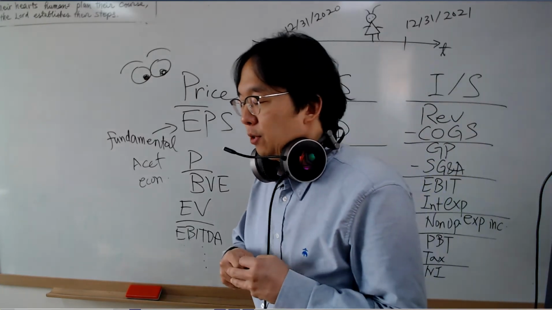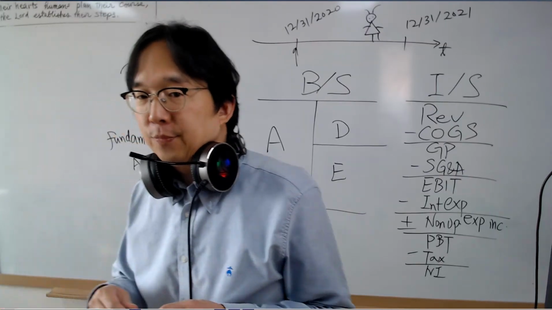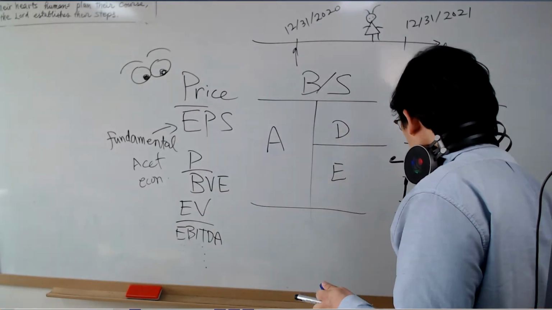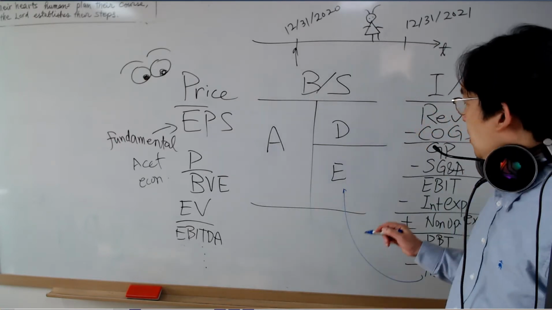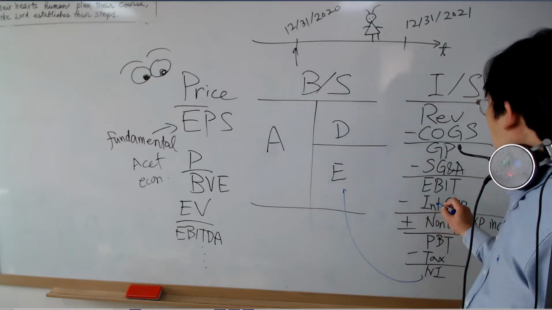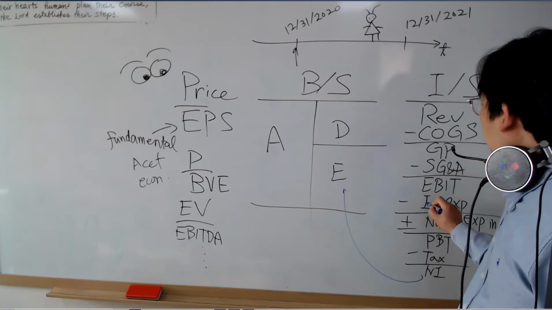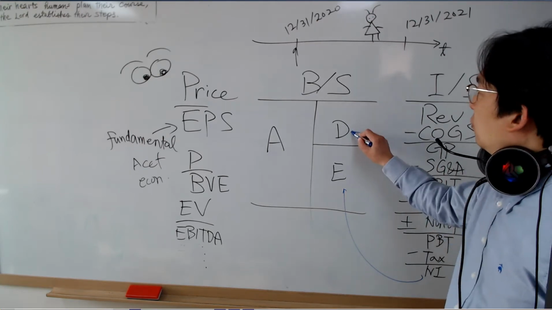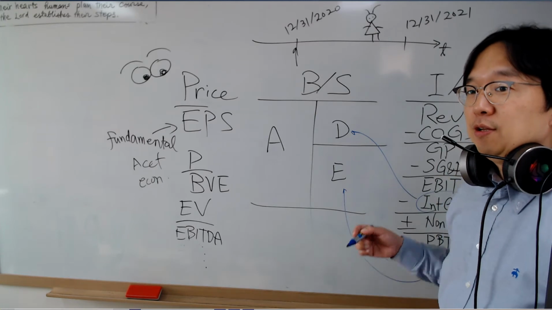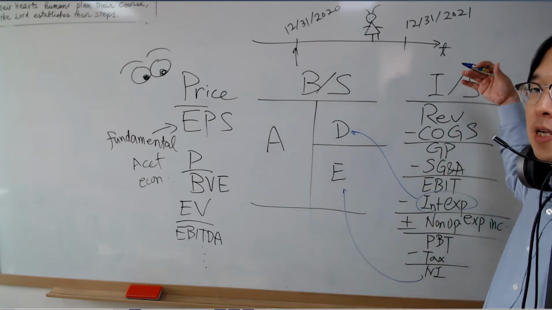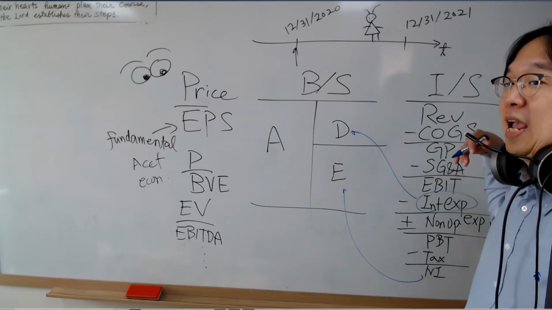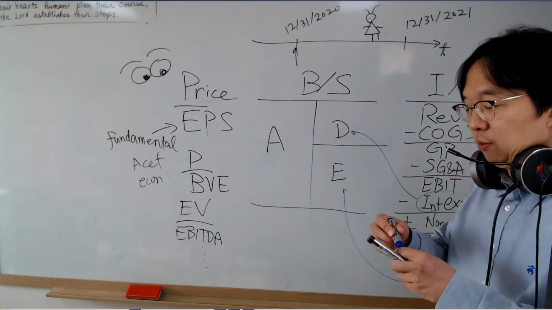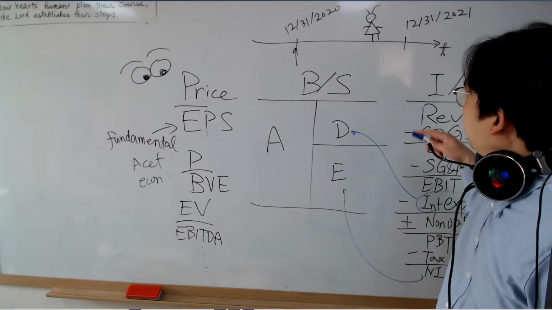The thing is, those net income, right? Who are the claim holders for this net income? Net income is for equity holders. How about the debt holders? Well, this interest expense goes to debt holders, right? You realize that these income statement items show the activity of your companies throughout one period, right?